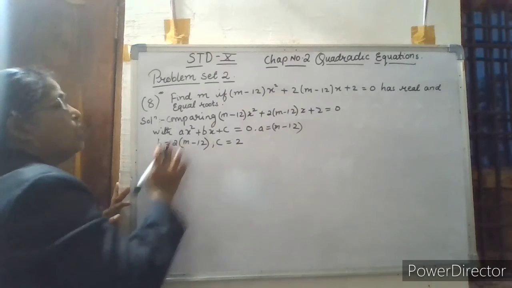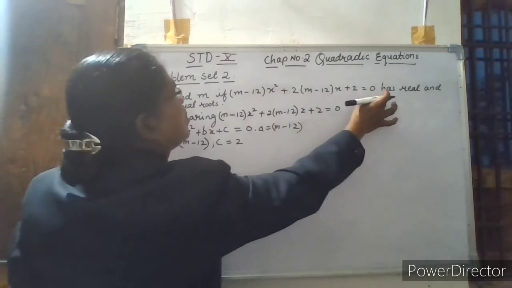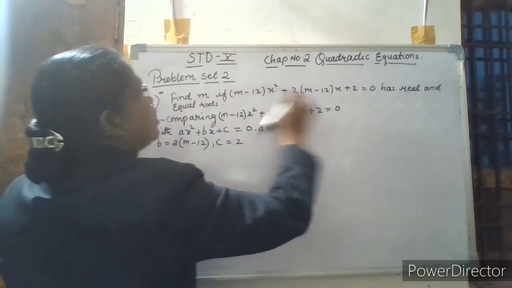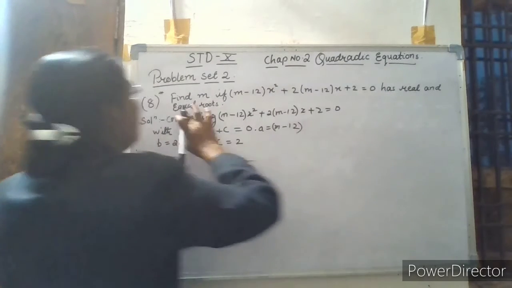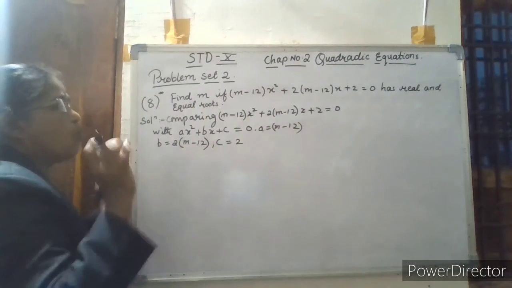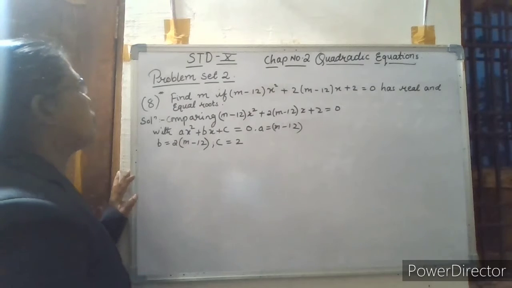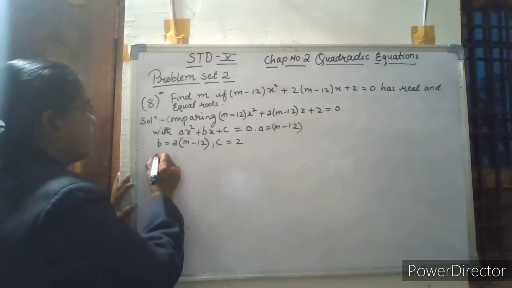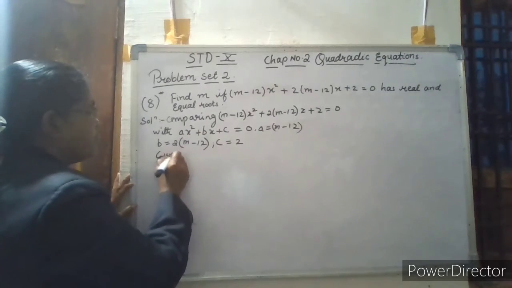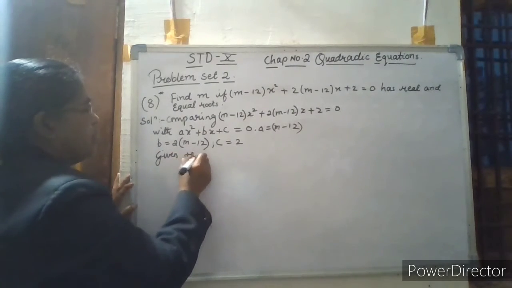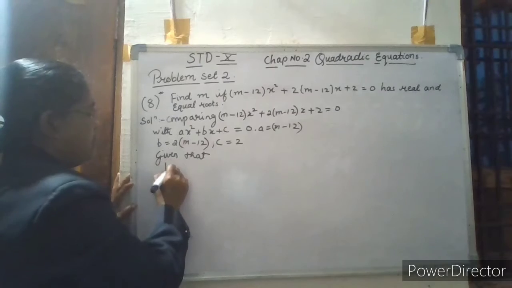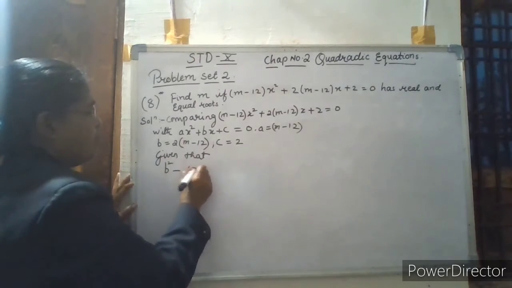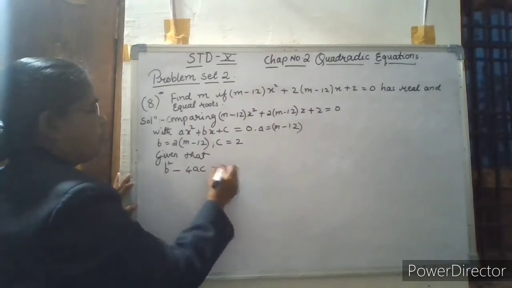Now, it is given that it has real and equal roots. So, when it has real and equal roots, that means the discriminant value is equal to 0. Therefore, b squared minus 4ac is equal to 0.